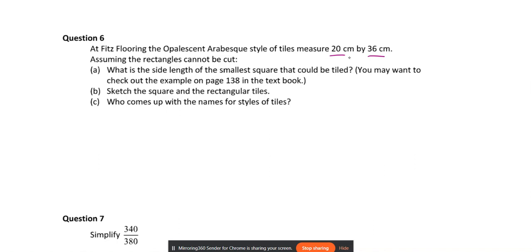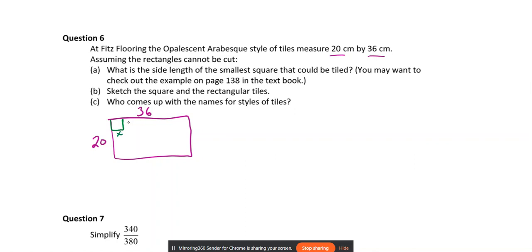So I'm going to just draw this rectangle. It is going to be 20 by, I'll do 36 on the top, 20 by 36. What the question is asking is, if I tiled this thing with squares, what is the side length of the square?